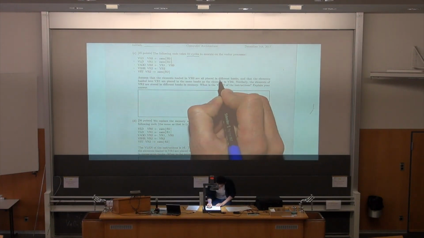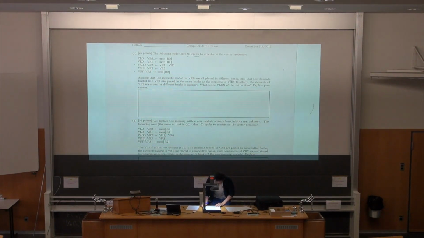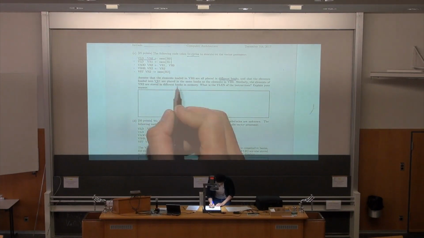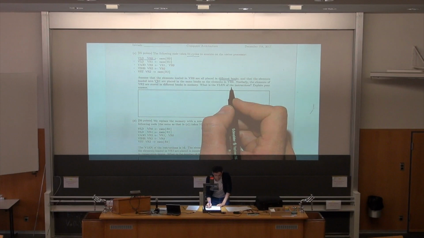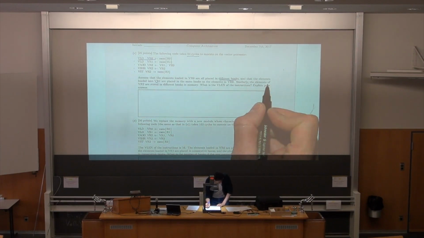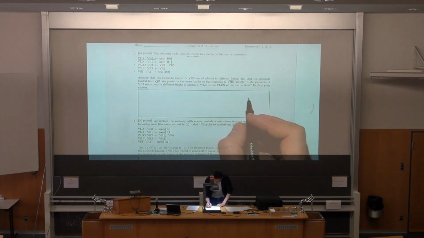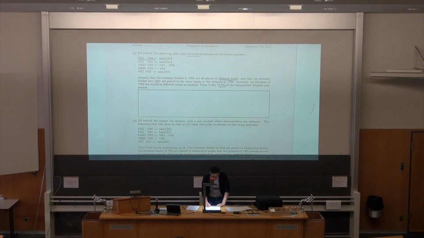They are all in different banks in this first vload, and that all elements loaded in VR1 are also placed in the same banks as the elements in VR0. Similarly, the elements of VR2 are stored in different banks in memory. And it asks, what's the VLEN of the instruction?